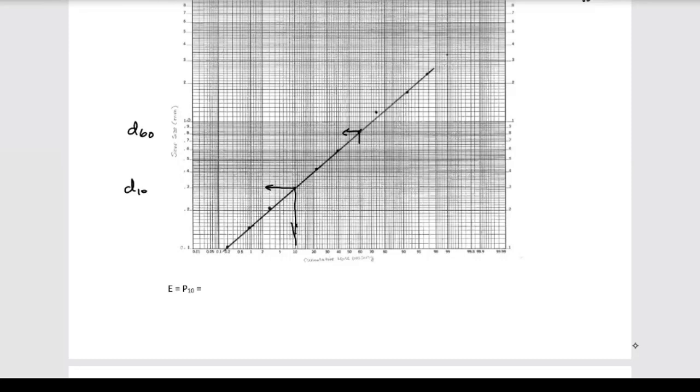And the effective size is 0.3. My P60 is right here, is equal to 0.82. And this would give me a uniformity coefficient of 0.82 divided by 0.3, and that is 2.73.